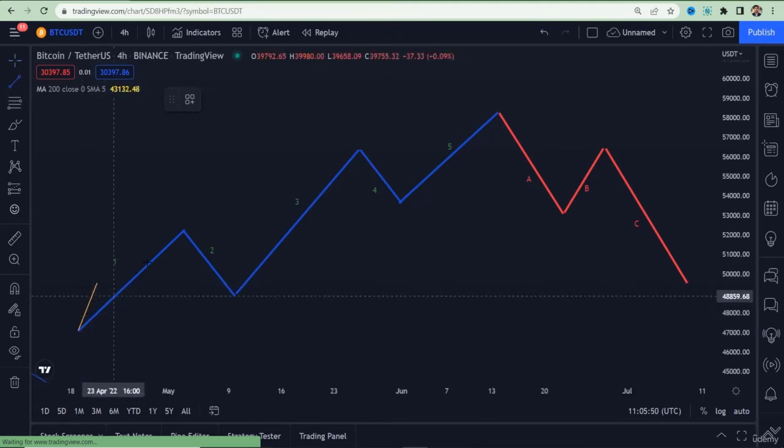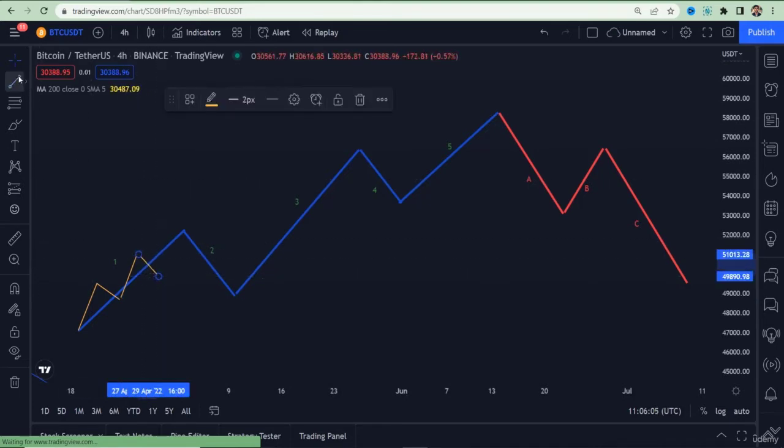Impulse wave, just like this one. This is a bigger one, and then there will be a correction. Then we'll see another impulse wave, then another correction, and then you will see another impulse wave till here.